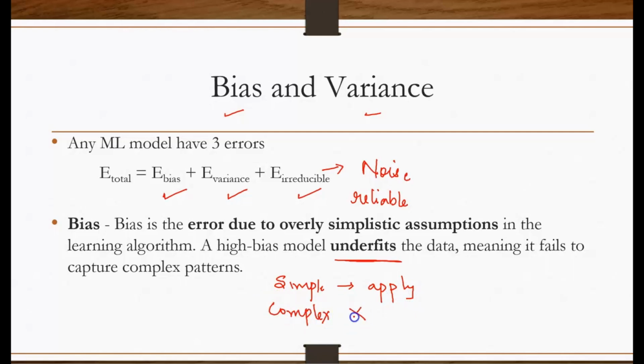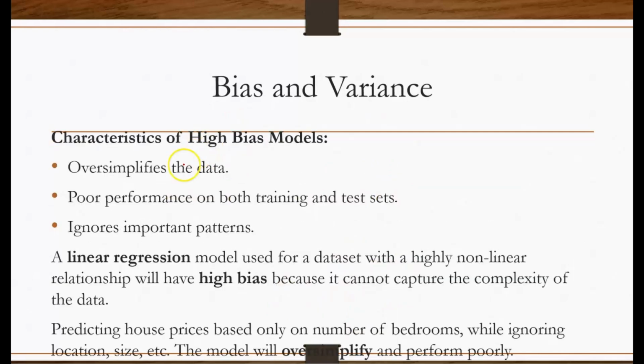The complex patterns we are not taking into consideration while modeling a function. So there occurs an error that is due to bias, and that is consistently underfitting the data. Consistently underfitting the data means it will have poor performance on both training and test data set. Okay. So it's ignoring important patterns.